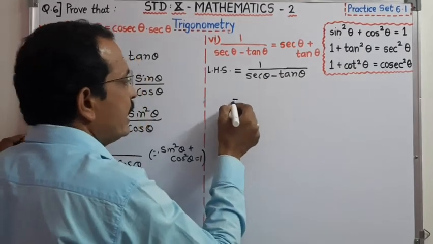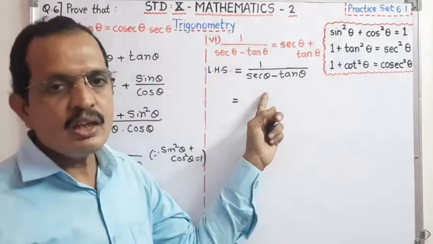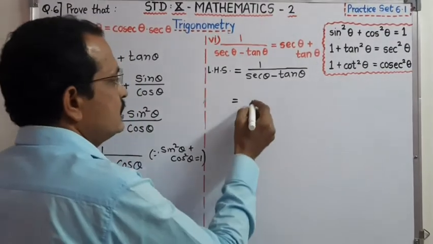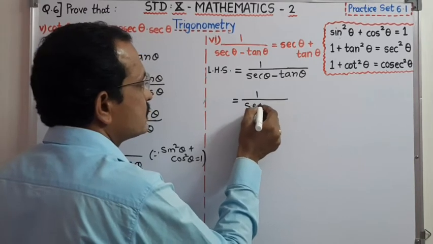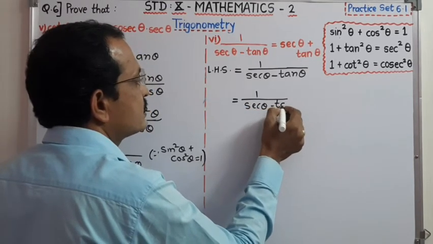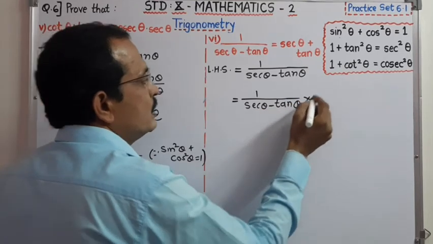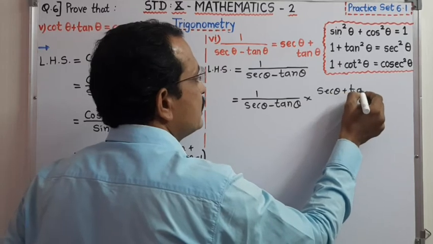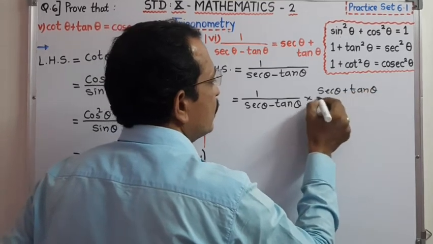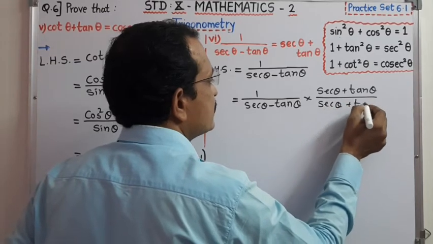Now dear student, as in an earlier sum, we do the rationalization of the denominator, same thing we have to apply here. 1 upon sec theta minus tan theta into sec theta plus tan theta upon sec theta plus tan theta.